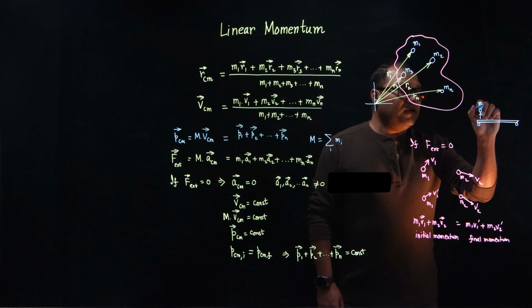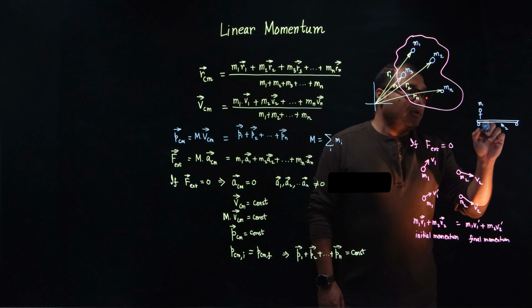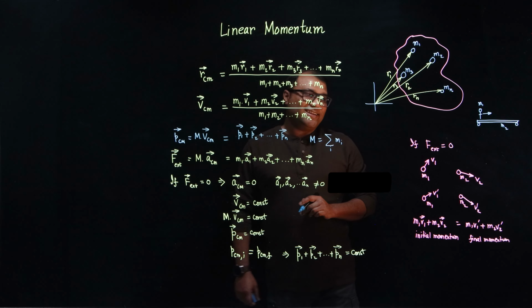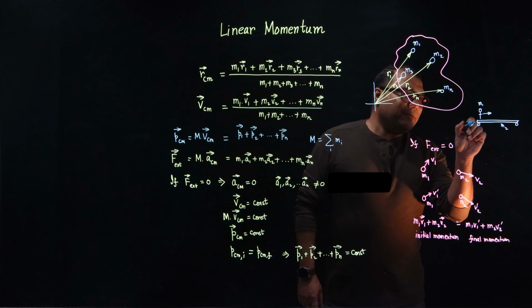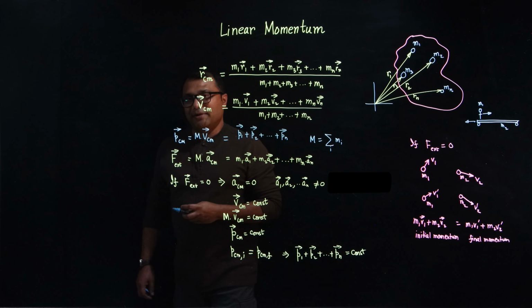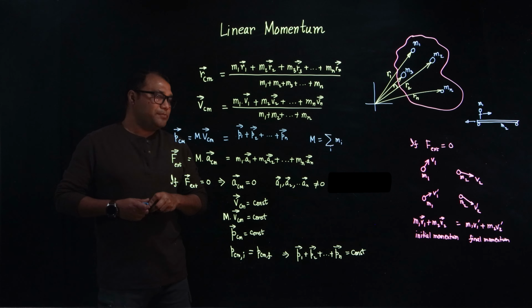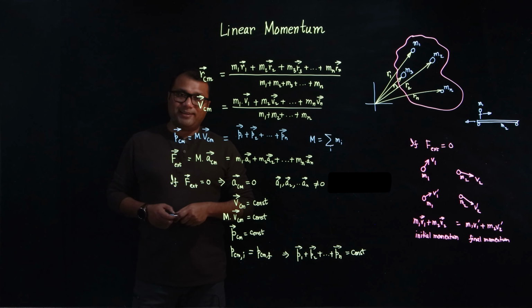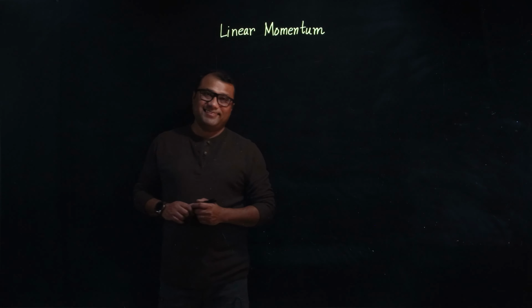This is M1, the trolley is M2. If you start moving this way, there is no net external force. What will happen? The trolley will move the opposite way to conserve linear momentum. Okay, it's very interesting problems. We'll do some examples and this will become much more clear.